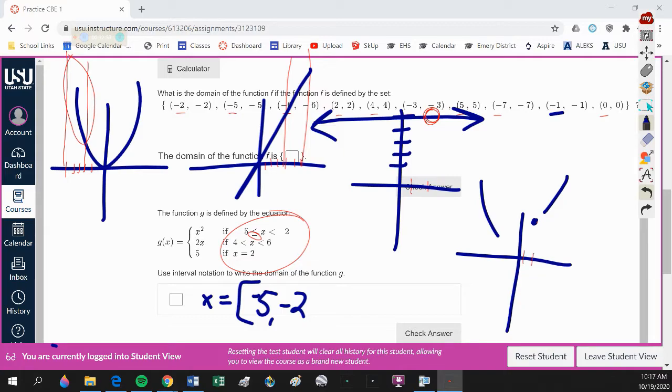And then does -2 count? No. Union, and I'll have to click inside there and see how they want you to type that in. Union 4 to 6, and neither of those count. Union, it's just 2, but I'm not sure how they want you to write that. So I'll click inside that and see if I can get it to work.